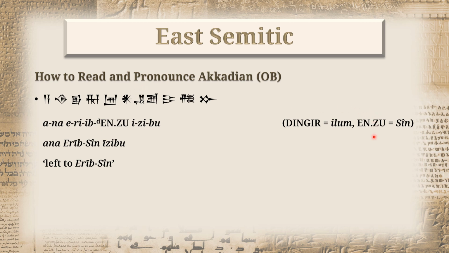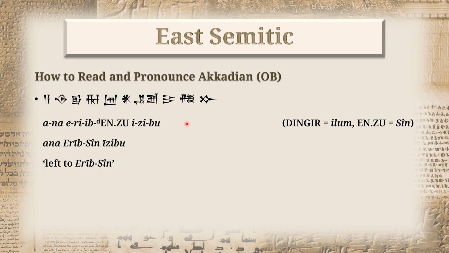En tzu is the Sumerian way of writing the god who is named Tzin in Akkadian. Okay? But we're not talking about the god Tzin here, but about Erib Tzin, who is a person. So the names of gods are very often also components of proper names. So that's a theophoric proper name.